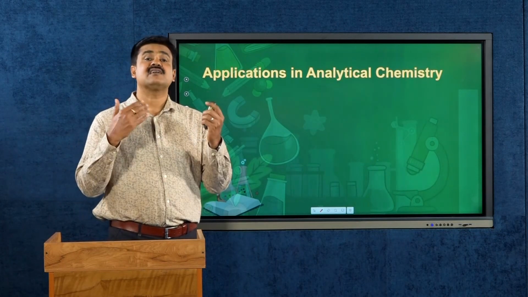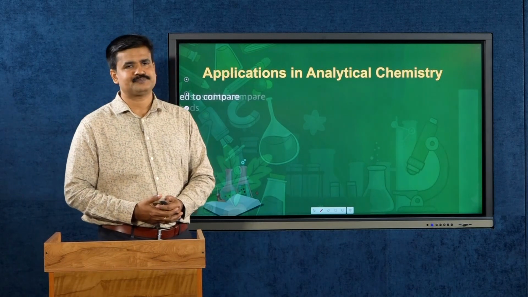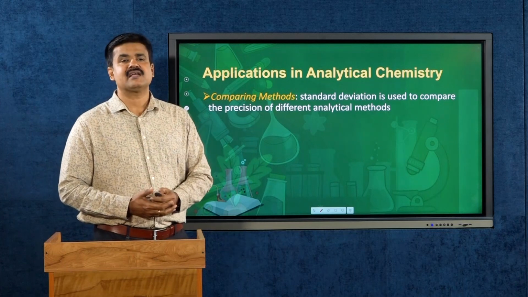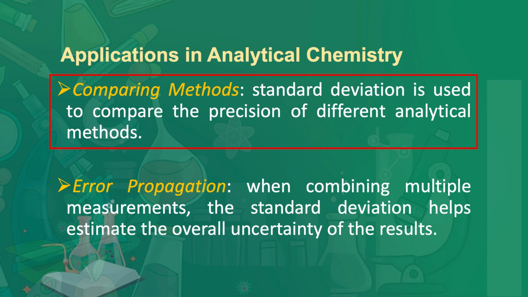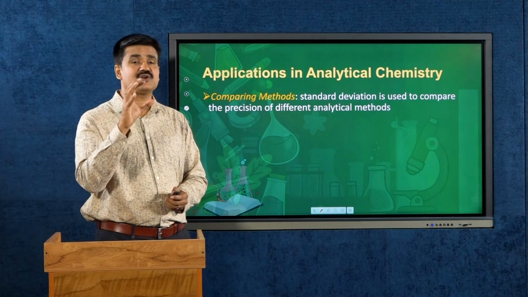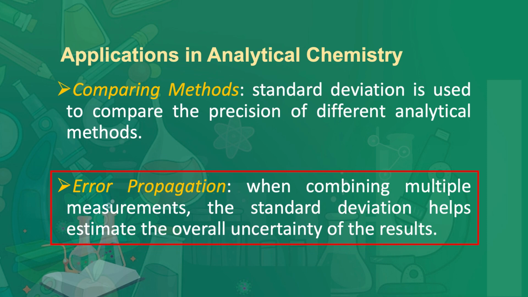Now, what are the applications of standard deviation in analytical chemistry? Comparing methods: standard deviation is used to compare the precision of different analytical methods. This is one of the most important applications of the standard deviation. Another one is error propagation. When combining multiple measurements, the standard deviation helps to estimate the overall uncertainty of the results.